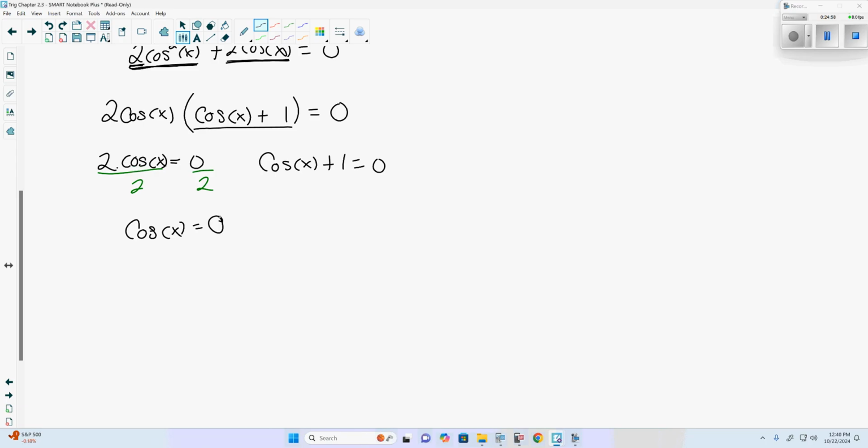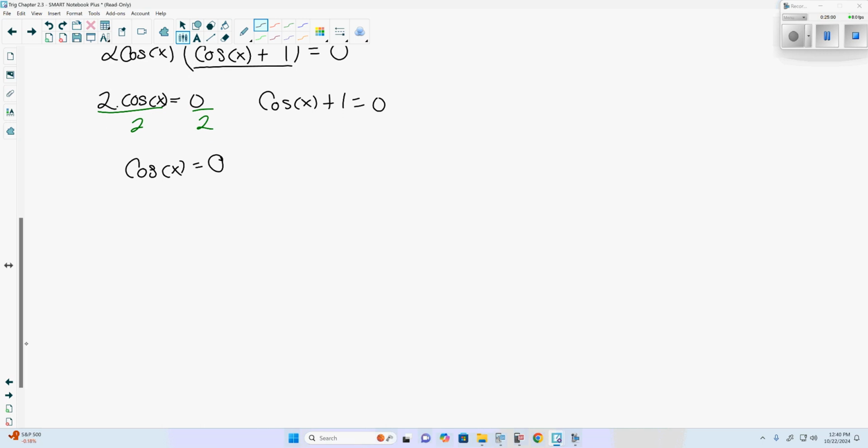Now at this point here, again, we can look at the unit circle and see what values of x make cosine be 0? One of them is pi over 2. The other is 3 pi over 2, because we're just looking at the unit circle straight up. Straight down, cosine is 0.